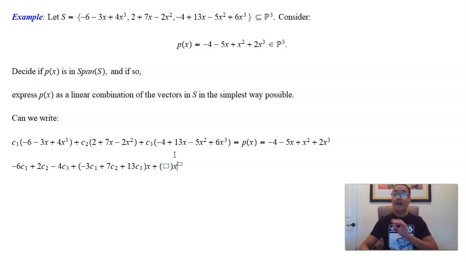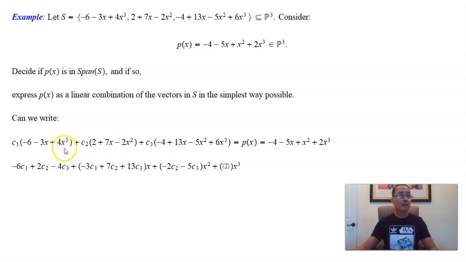How about x squared? There's no x squared over here. There's a minus 2 times C2 and a minus 5 times C3 for x squared. Last term, we need x cubed.